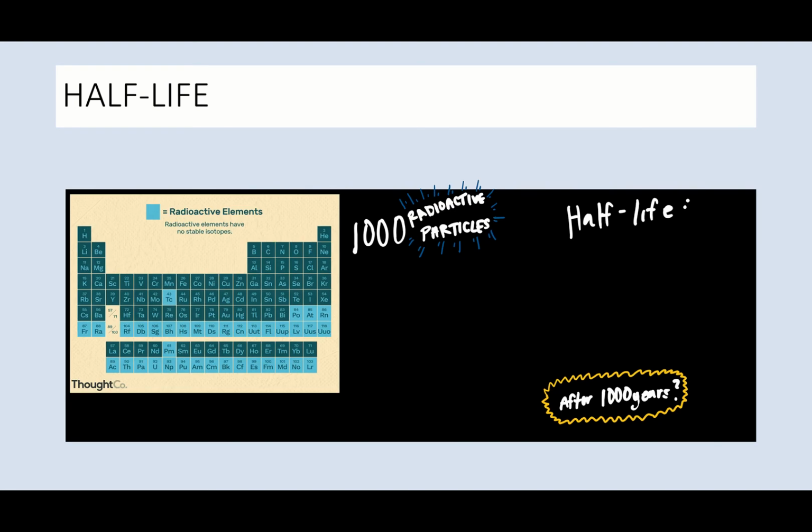So now, what is a half-life? A half-life is a statistical property of a radioactive element or isotope. Radioactive elements or isotopes are unstable and will, over time, decay to a more stable state. An example of this is uranium.